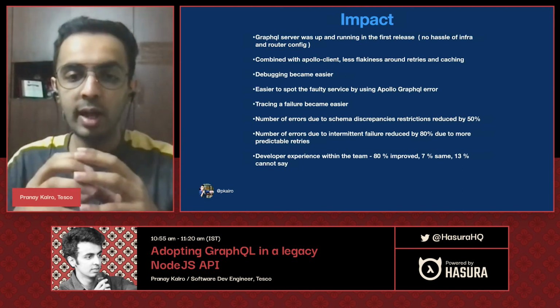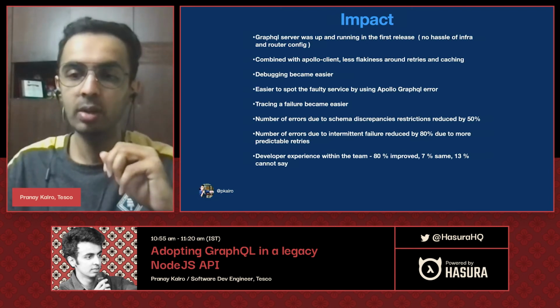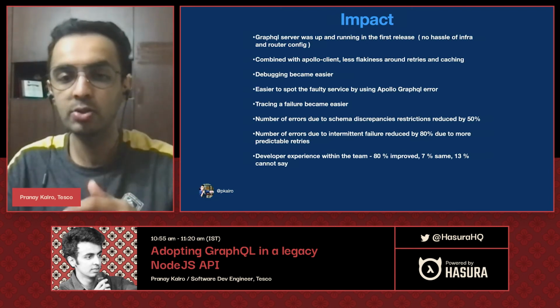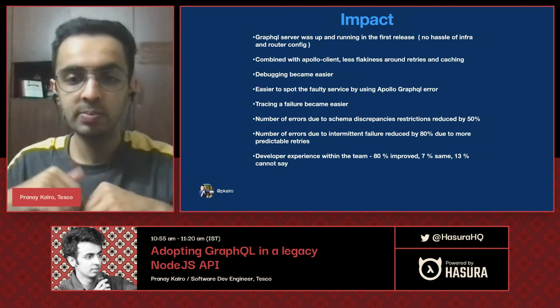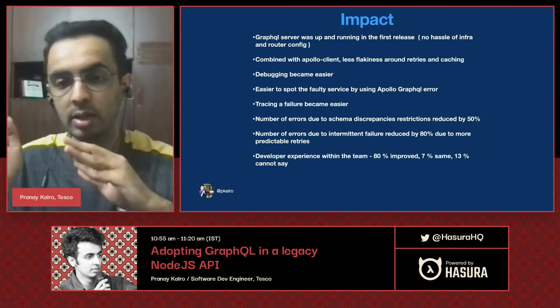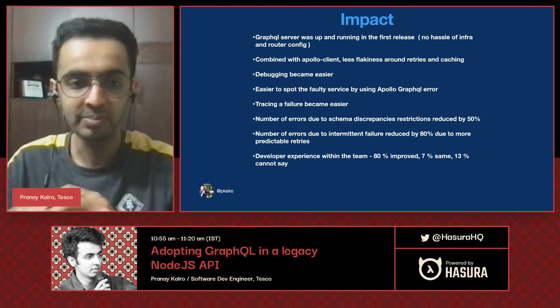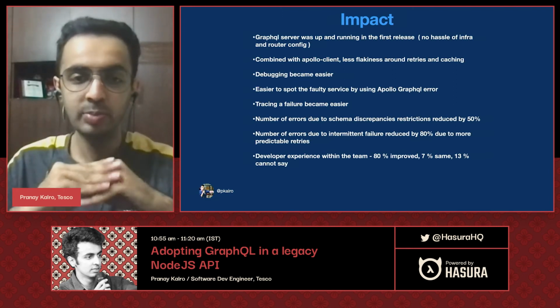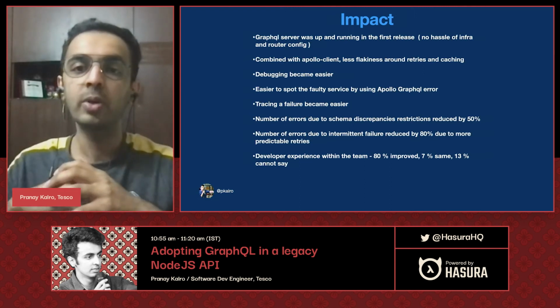In that case, if one of them fails, you basically fail out the entire response. Now with the retry mechanism I mentioned, the introduction of that reduced our bugs. We realized that that was the main reason for most of our failures, and that reduced it by a massive 80%.